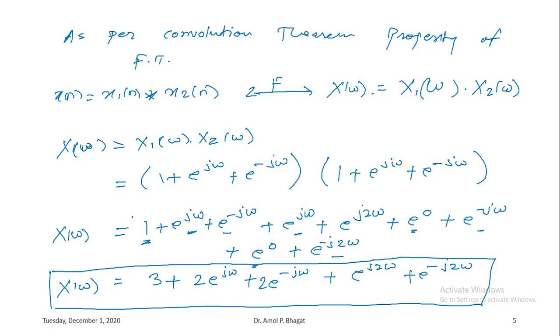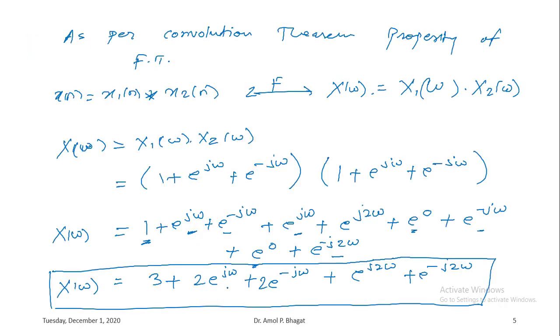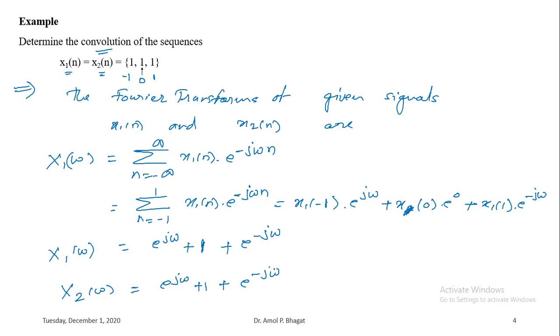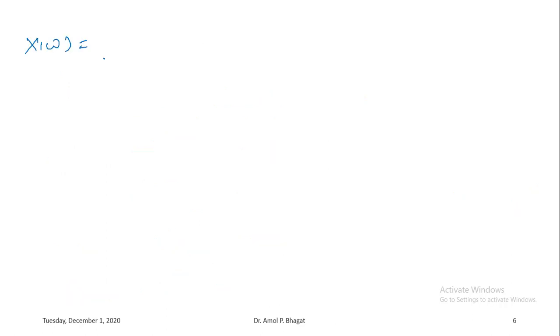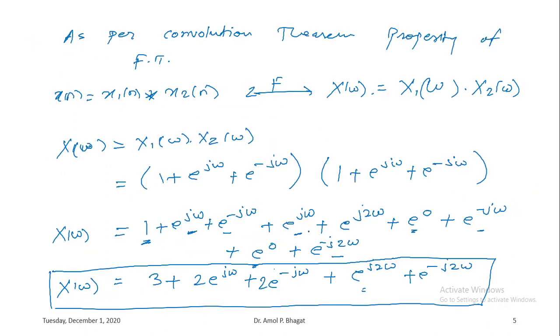So for simplification purpose, I will just rewrite this equation, that is x of omega. The sample at n is equal to minus 2 will be this one, right? So I'll write this first sample term here, e to the power j2 omega first.